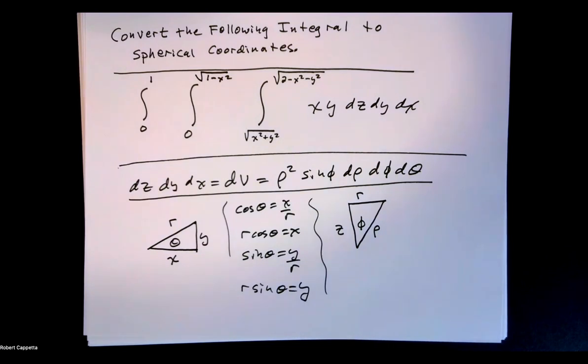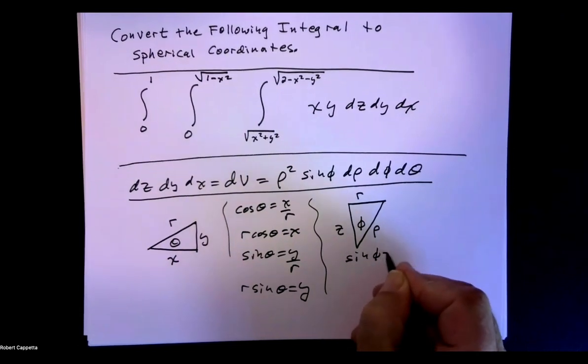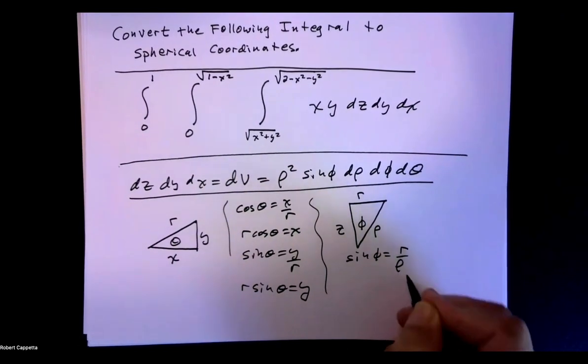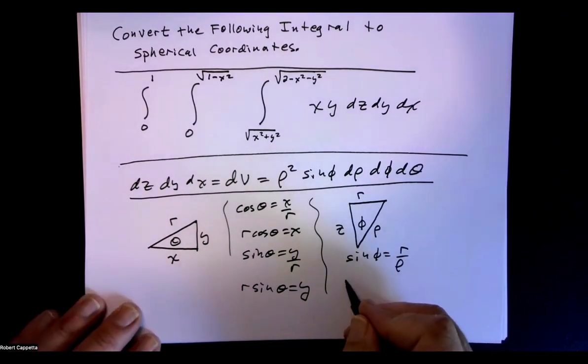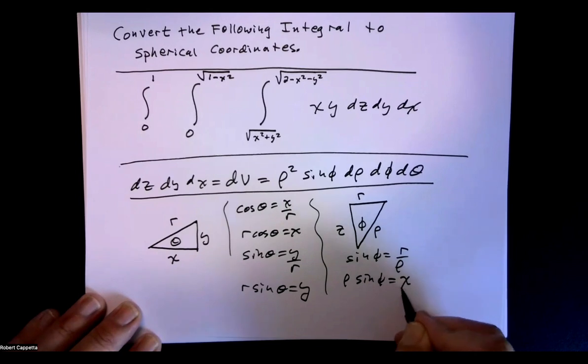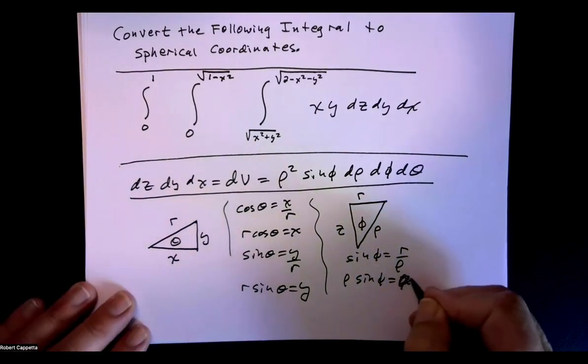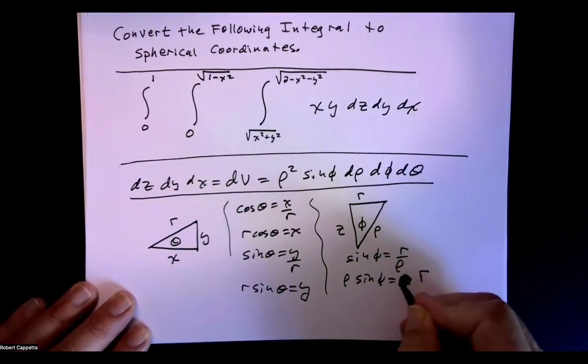So what are we going to say here? Sine of phi is r over rho. So rho sine phi equals r.